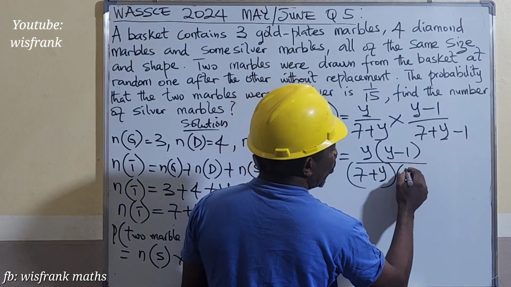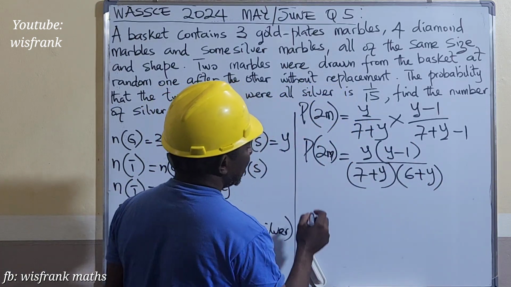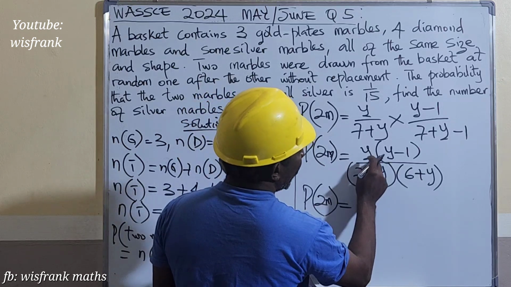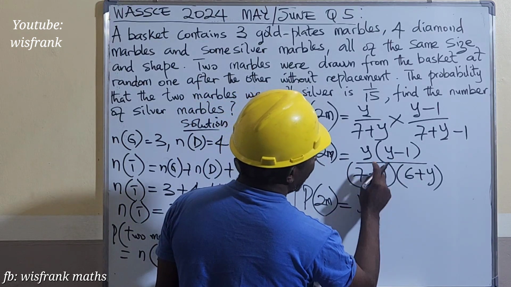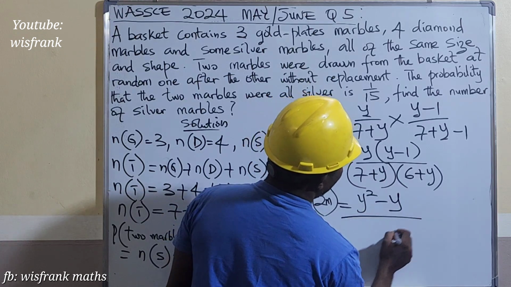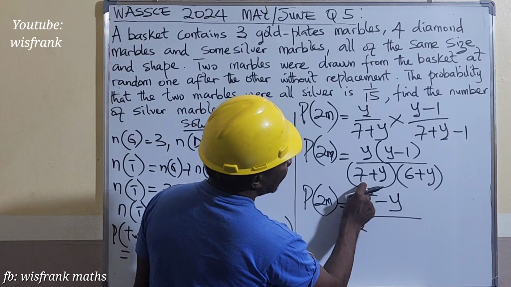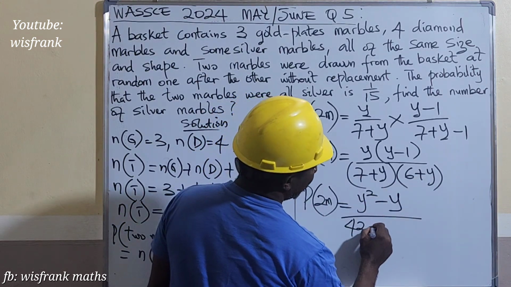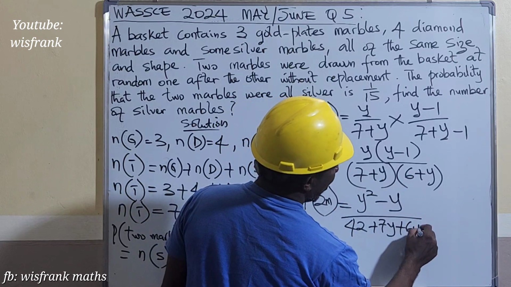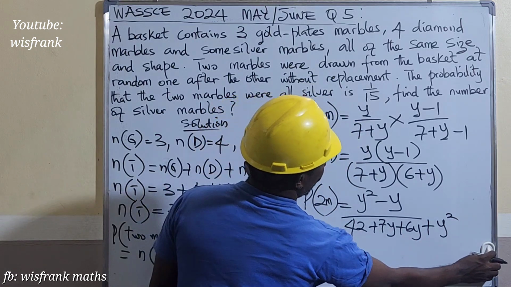This is 7 minus 1, which gives us 6 plus Y. If we multiply this out, Y times Y is Y squared, then Y times minus 1 gives us minus Y, all over 7 times 6, which gives us 42. Then 7 times Y gives us plus 7Y. Then Y times 6 gives us plus 6Y. Then Y times Y gives us plus Y squared.